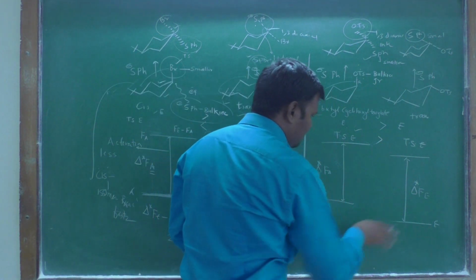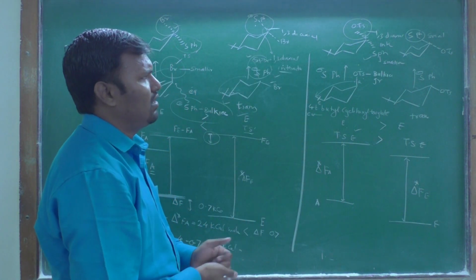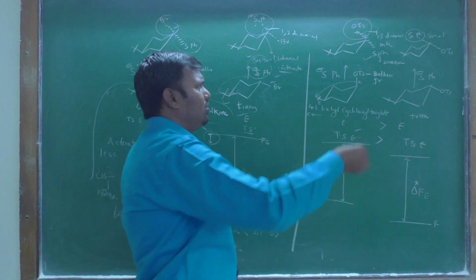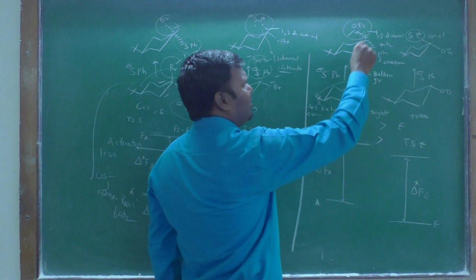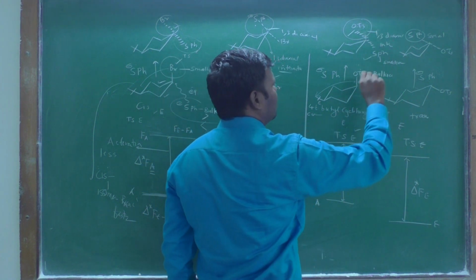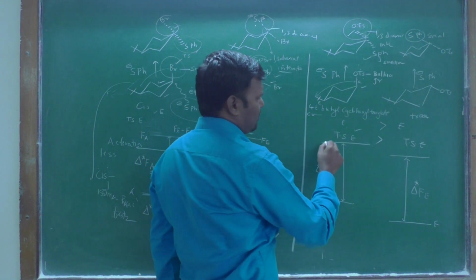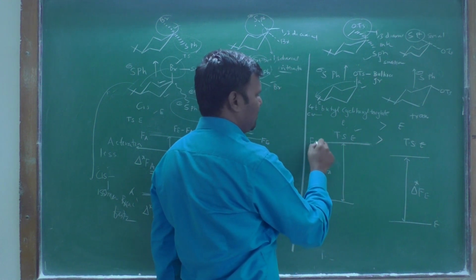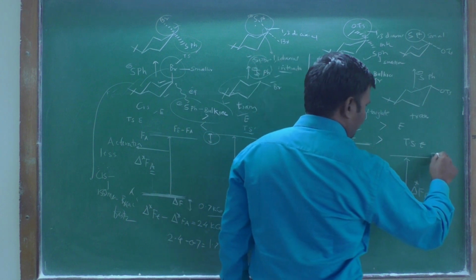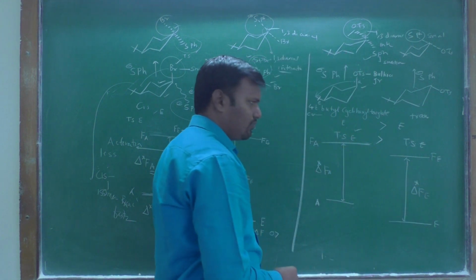But you found that in this case OTs is the bigger group, therefore it shows 1,3 diaxial interaction. When it is axial, it shows the higher energy, that is, FA is higher than the FE energy.